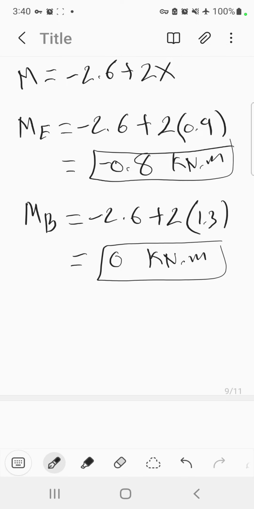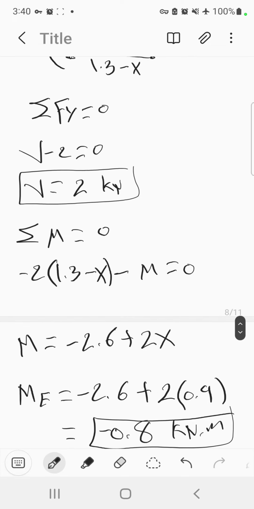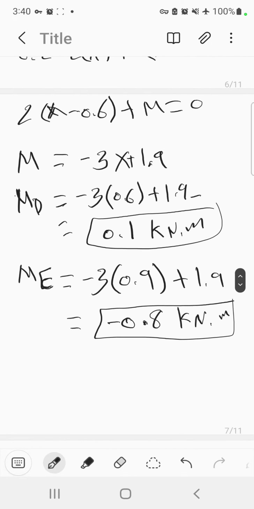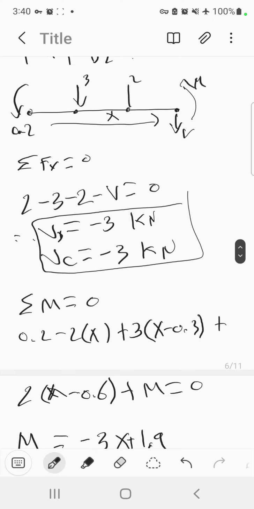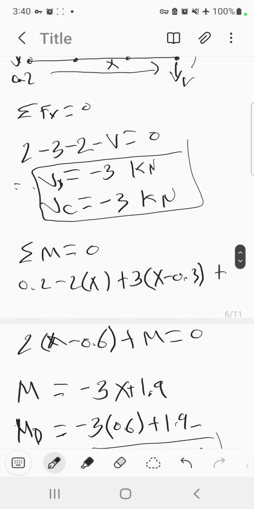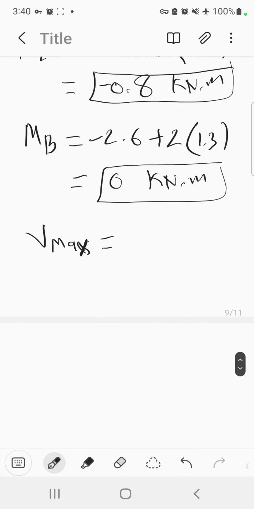So guys, he is looking for Vmax. Okay, so when we go back again to see which one is the highest V, we found out it is VD and VC, which is 3. So Vmax is going to be 3 kilo Newton, and it's the absolute value.